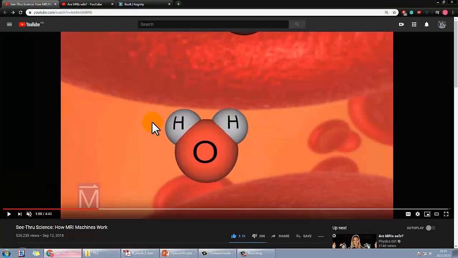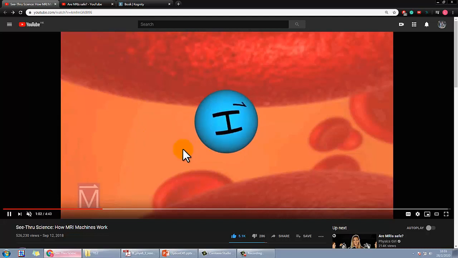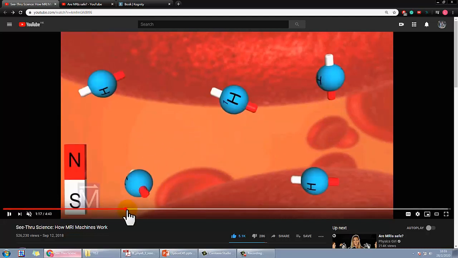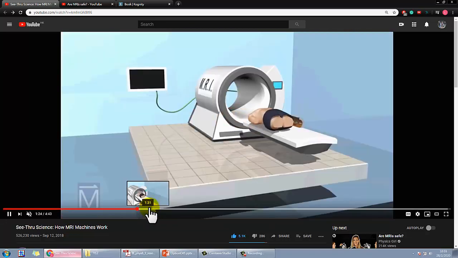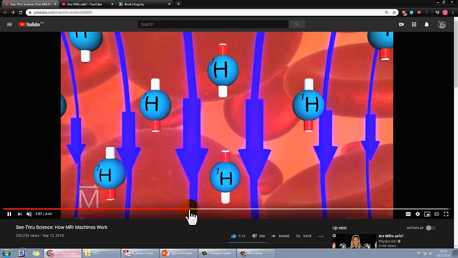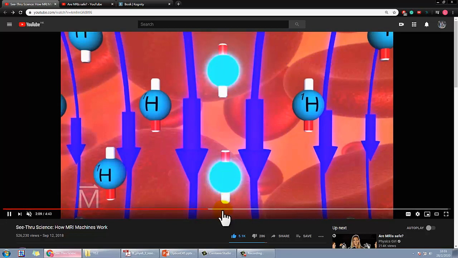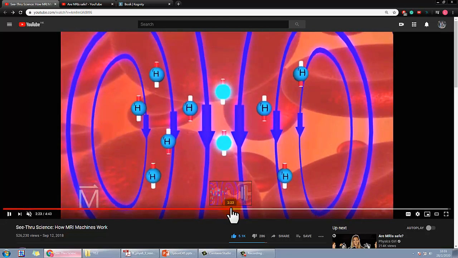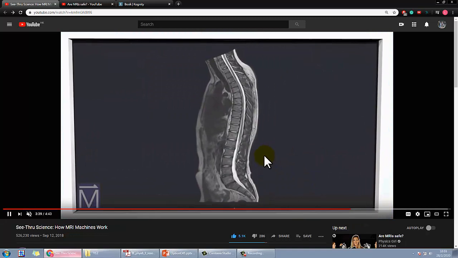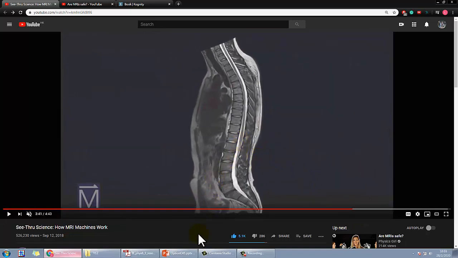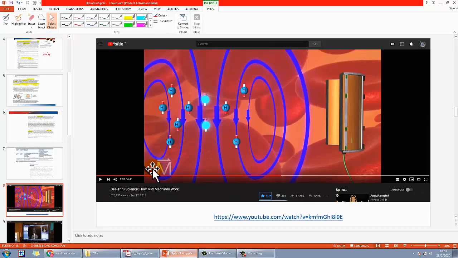But anyway, it's something to do with the proton: because it carries charge, when it spins, it can actually produce a magnetic field. So this video is very nice, showing you what is meant by parallel and anti-parallel, and how the radio wave gets emitted and received. Just make sure you go through this video. You may want to pause the video and find the link in the description.